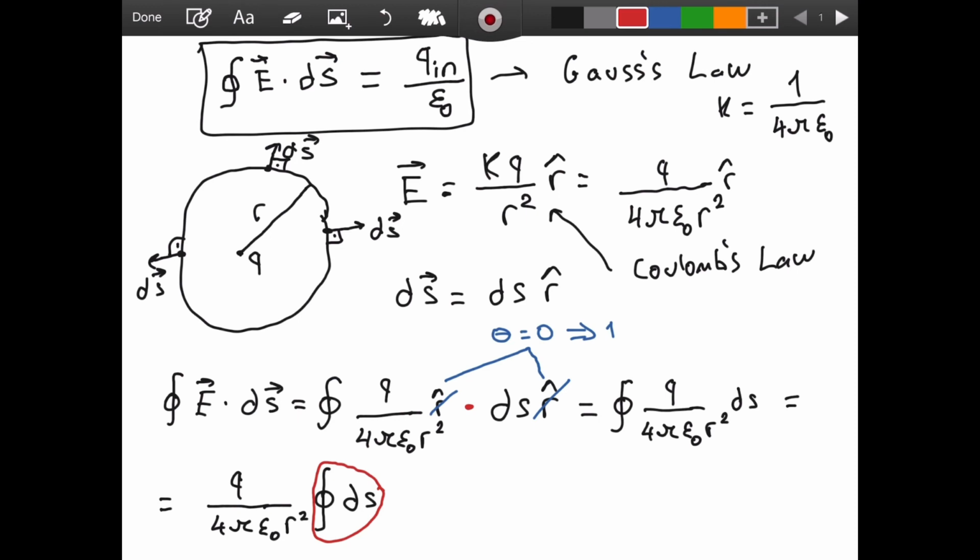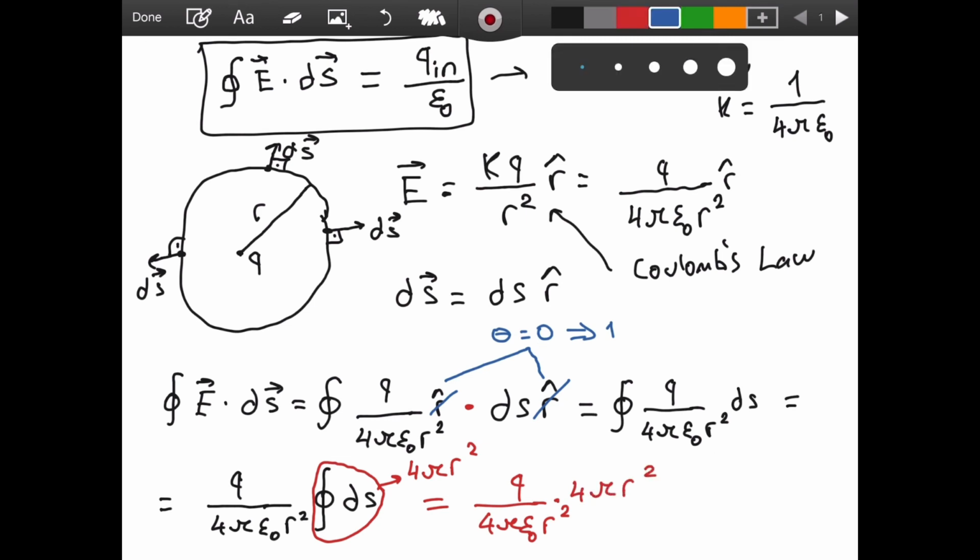So what is the area of a sphere? It is simply 4 pi r squared. And so if we make this substitution, we have q divided by 4 pi epsilon naught r squared times 4 pi r squared.